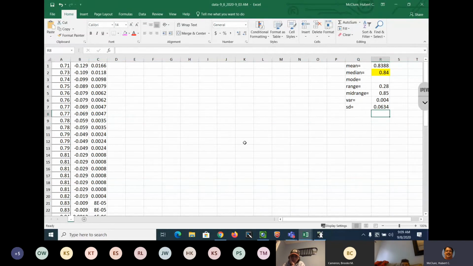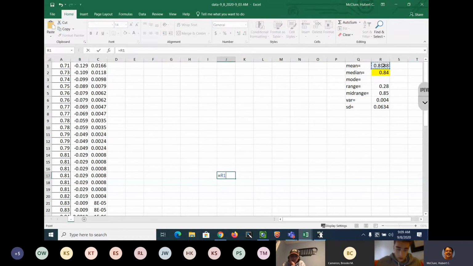Now let's go down here and do the curve. So equals the mean. And I'm going to add the standard deviation, equals the mean plus the standard deviation. Function F4. Copy that, 3 to the right, 2 more to the right.